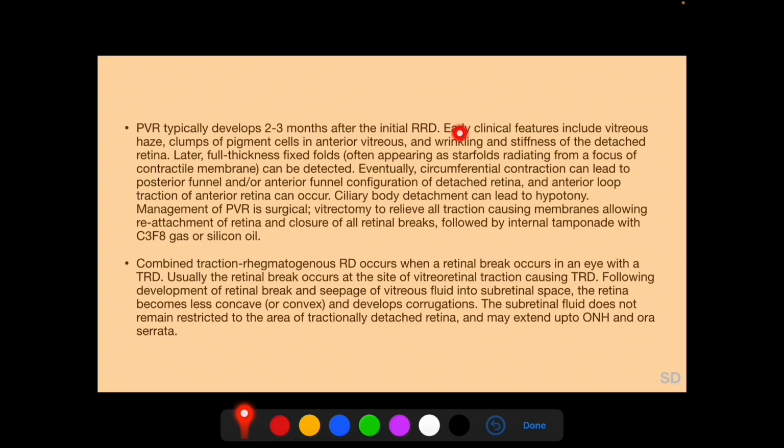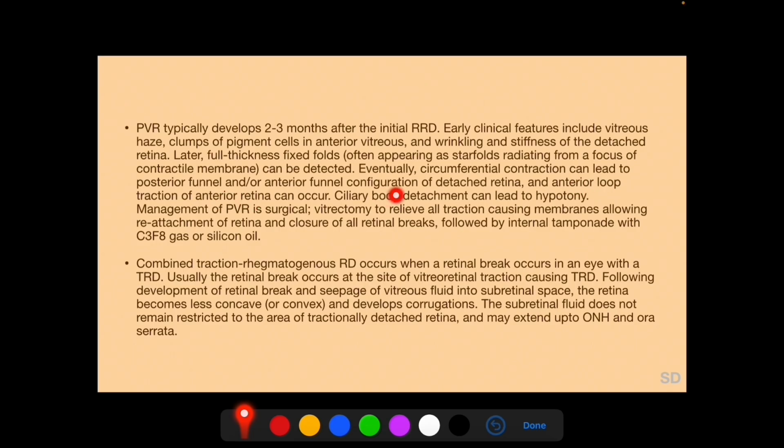Early clinical features include vitreous haze, clumps of pigment cells in anterior vitreous, and wrinkling and stiffness of the detached retina. Later, full thickness fixed folds of the retina can be detected. Eventually, circumferential contraction of surface membranes can lead to posterior funnel and/or anterior funnel configuration of detached retina, and anterior loop traction of anterior retina can also occur.